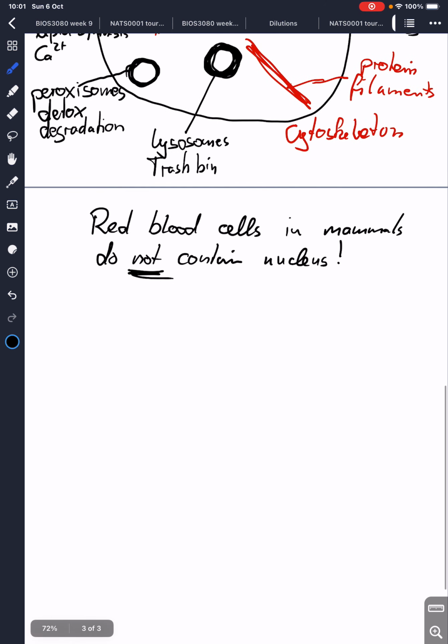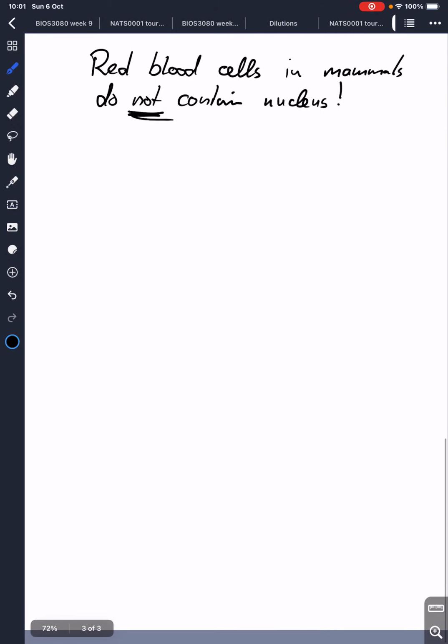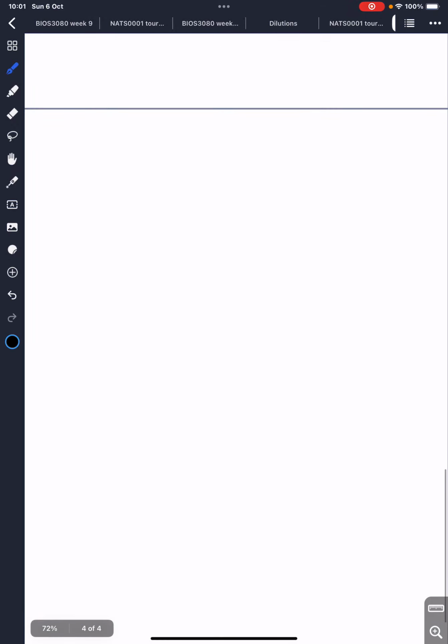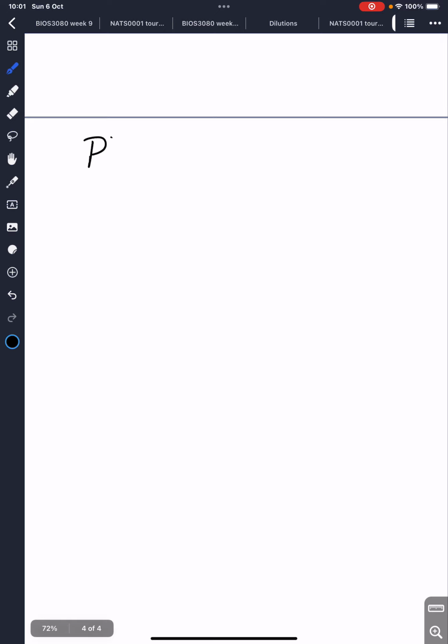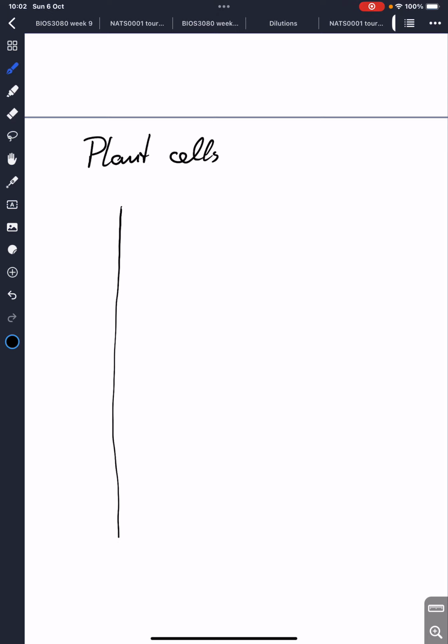Okay, so that was a typical animal cell. Now let's have a look at what a plant cell looks like. Plant cells are quite specialized. Let me draw it like that.